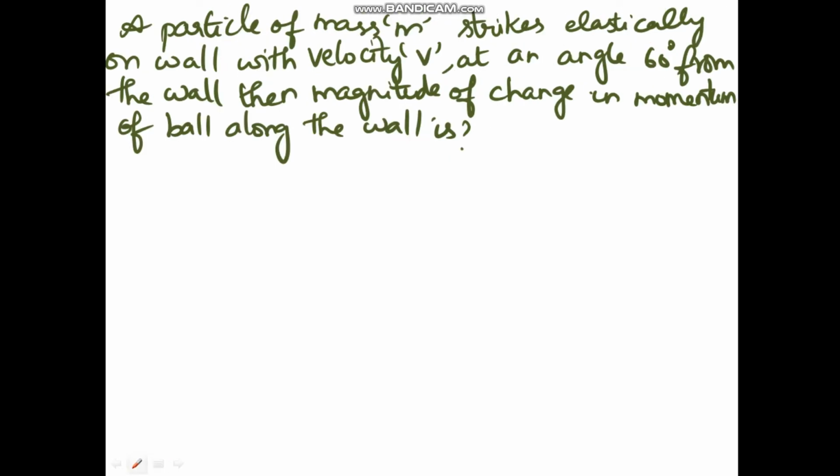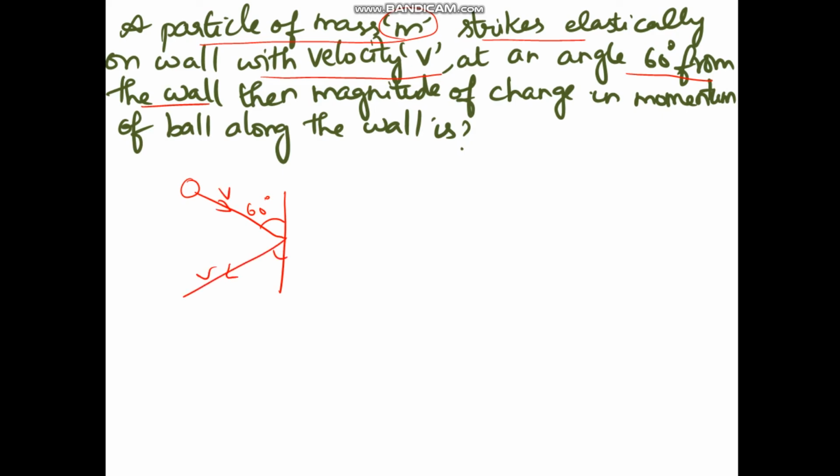Now let us see another numerical. A particle of mass m strikes elastically on a wall with velocity v at an angle 60 degrees from the wall. So see, a ball is bouncing at an angle 60 degrees from the wall with speed v, and it again bounces back with the same speed v at 60 degrees from the wall. Find the magnitude of change in momentum. I have directly said that if they are given like this, 2mv sin theta is the change in momentum.